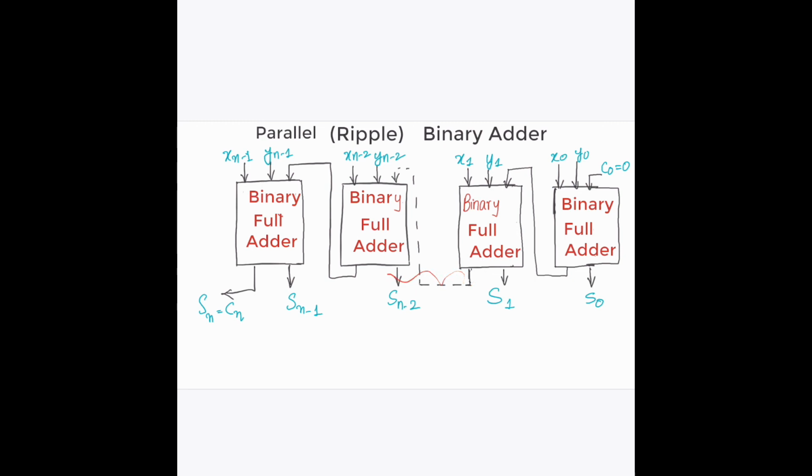The delay can follow till the nth full adder. So this network is also known as a ripple binary adder. Ripple, in the sense that there is a delay in generating the final output, as the carry has to propagate from the first stage to each bit in the adder. So the name ripple binary adder.